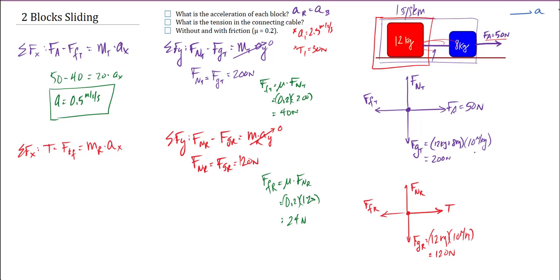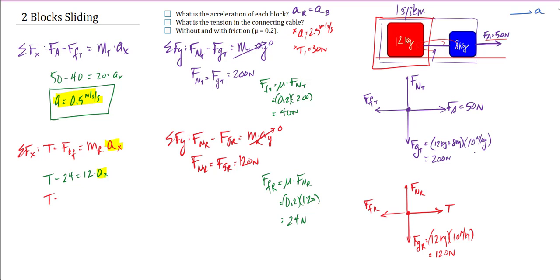Then we can plug that back into our red object equation. So our tension minus 24 equals our red object's mass, which is 12, times our acceleration. Now, again, just like before, our acceleration of the whole system is the same as our red object's acceleration.